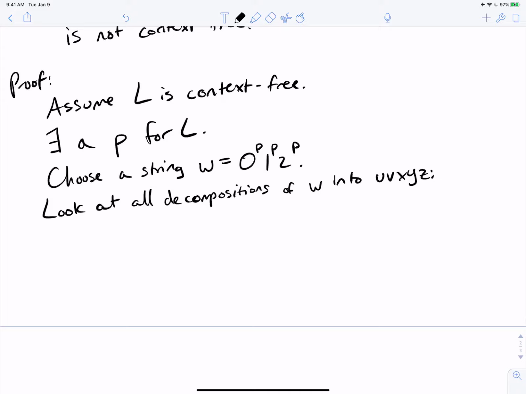Remember, the VXY segment that involves the pumped parts could be anywhere in the string. Well, what if it was only in the zeros? So let's look at this case. VXY only contains zeros.